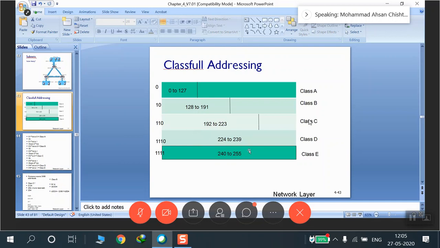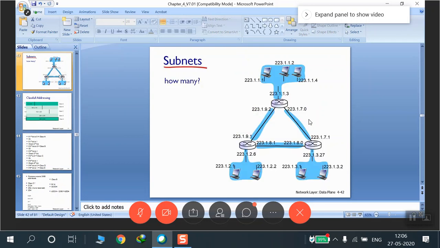This obviously means that the IP address belongs to class D. So keeping this in mind, with the host ID and the net ID, you can decide to what class this IP address belongs. Is it clear? Any questions?